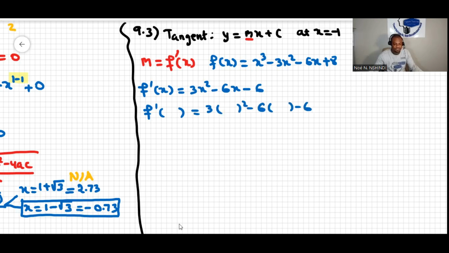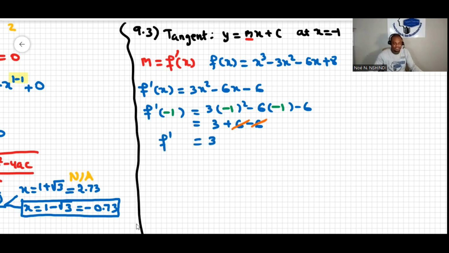So here f prime of negative 1 is going to be 3 times negative 1 squared, which is just 3 times 1, so 3. Then plus 6, because negative 6 times negative 1 makes positive 6, and then minus 6 here. So this 6 and minus 6 cancel out, and we are left with 3.